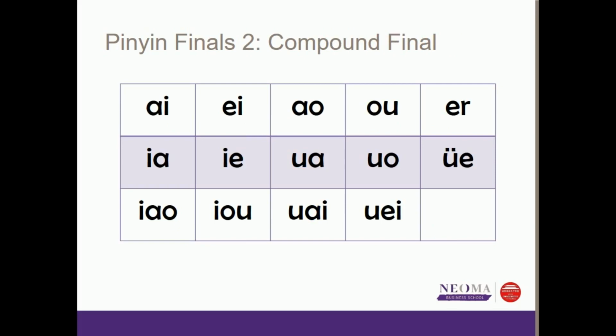Okay, let's see the second part of the finals, the compound finals. And this is composed of either 2 or 3 vowels together. So let's see them one by one. No matter how long this final is, you only pronounce it once.